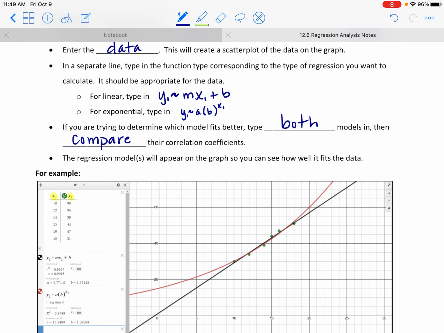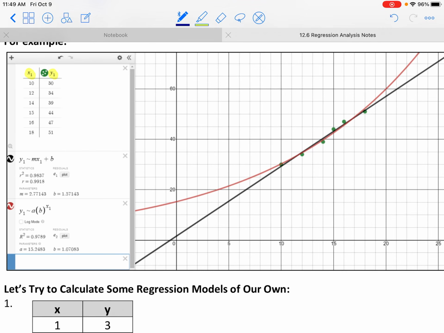And so the regression models are going to also show up with your data, and it's all color coded so you can see what's what, and you can also tell how well it's going to fit. So if you look at the example that I've been highlighting over and over here, I've got some data in there, and I've got a linear model that's in black, and then I have an exponential model that's in red.